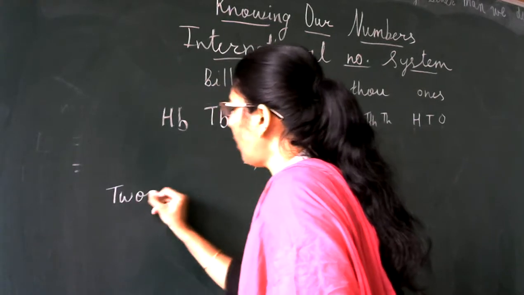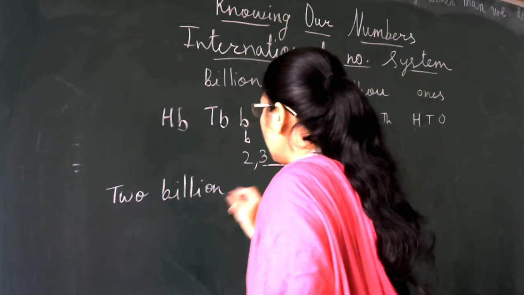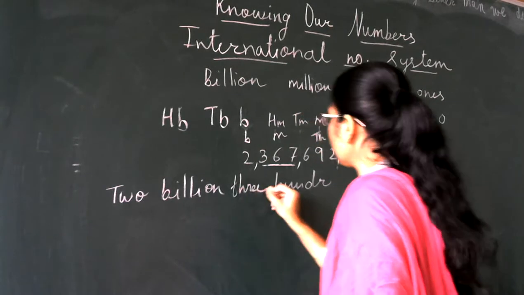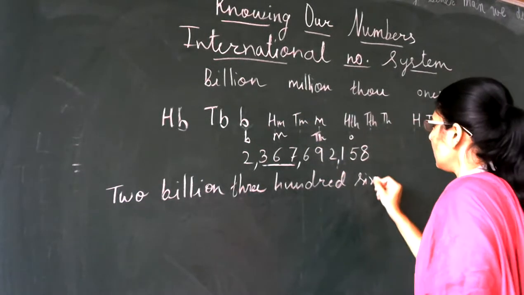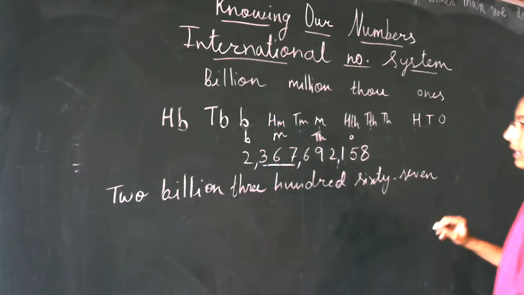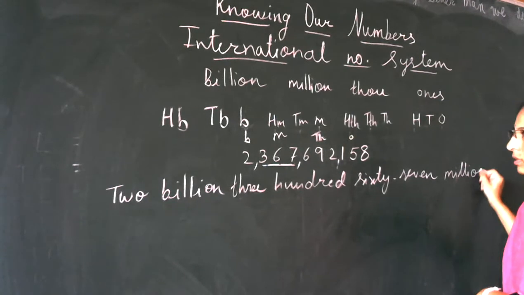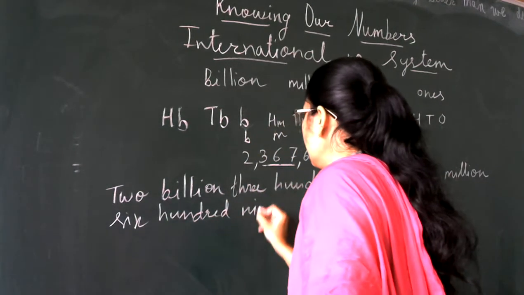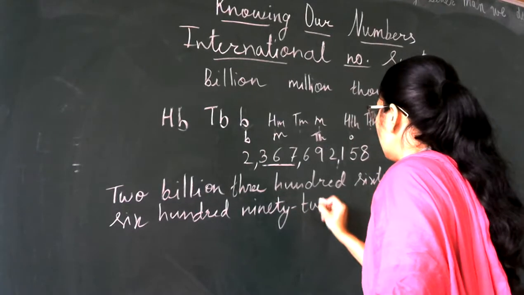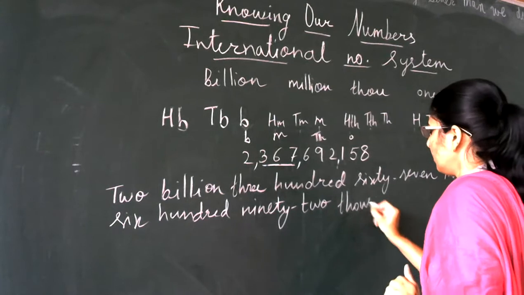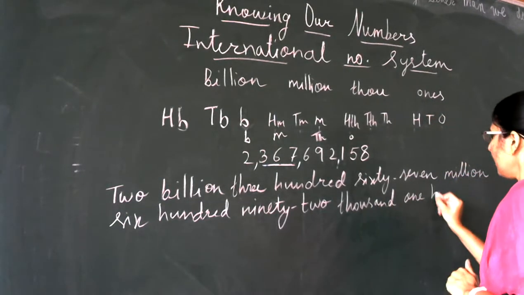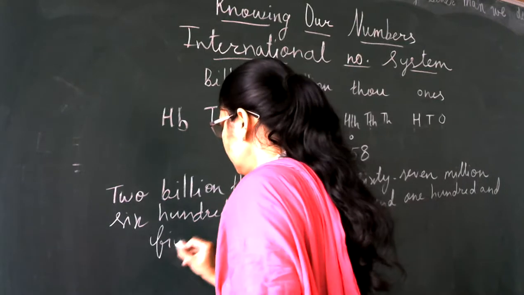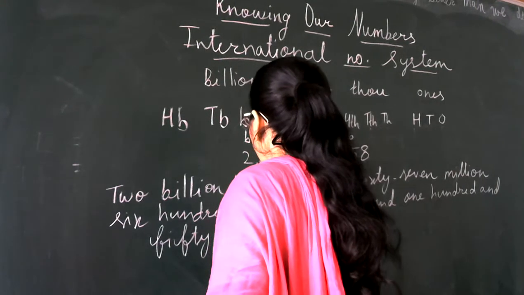That is 2 billion, 367 million, 692,158. So the same method we have to follow here.